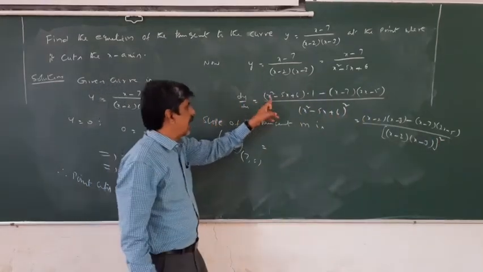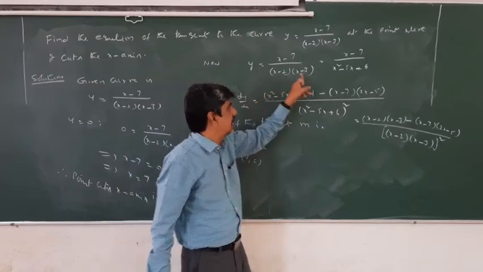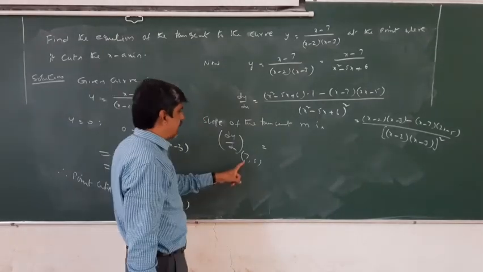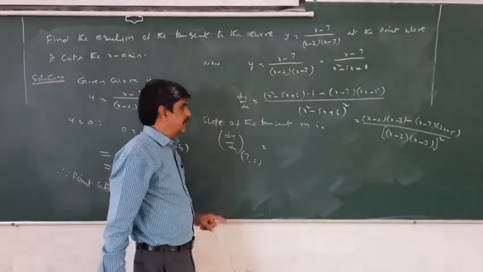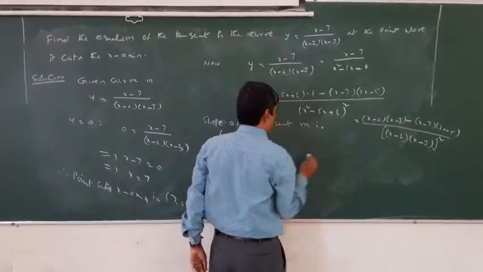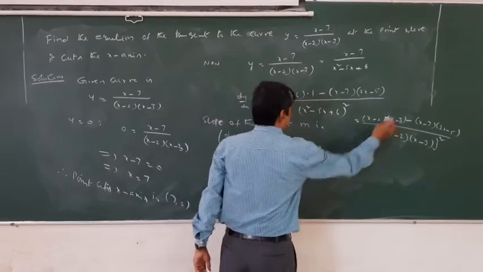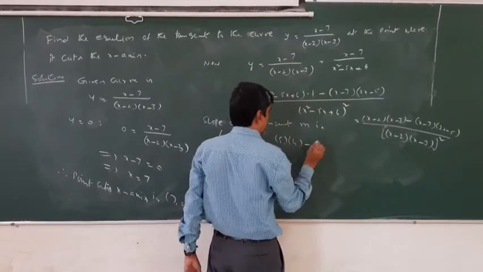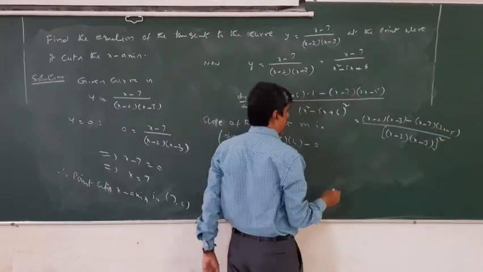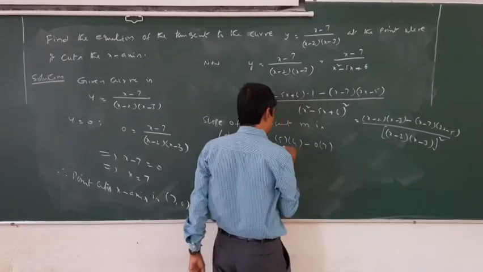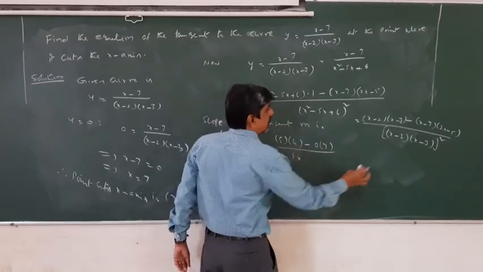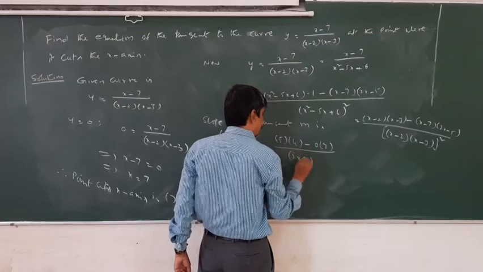Now at x = 7, the point (7, 0): 7 minus 2 is 5, into 7 minus 3 is 4, minus (7 - 7 is 0) into (2 into 7 is 14, 14 minus 5 is 9), over (7 - 2 is 5, into 7 - 3 is 4) whole square.